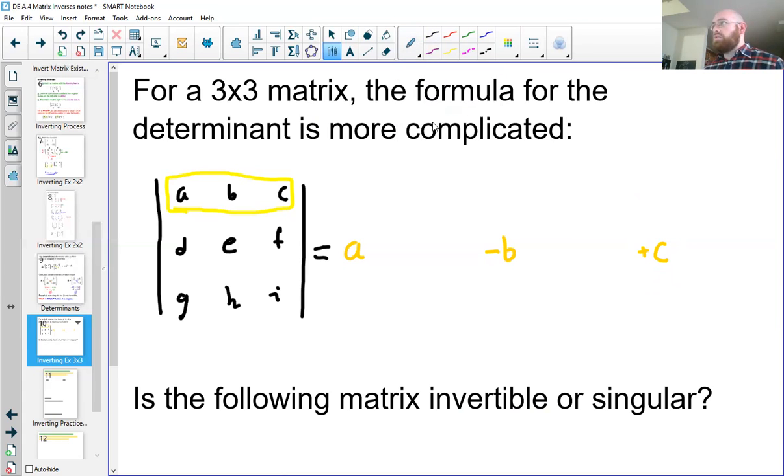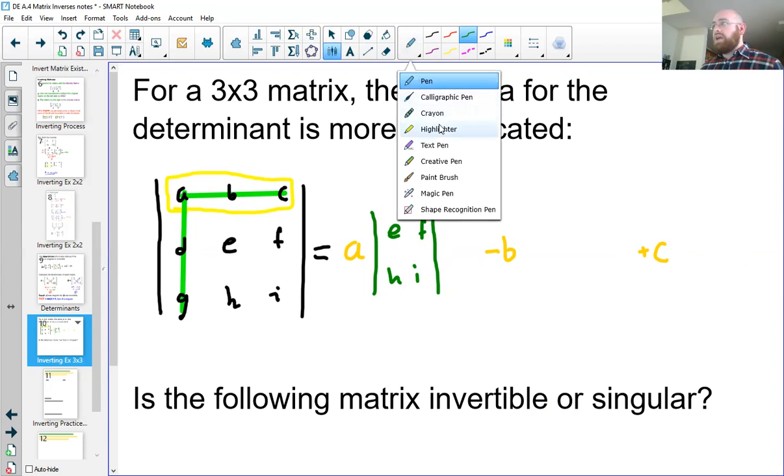If I cross out the row and the column that have A, what I'm going to get is the determinant of E, F, H, I. So this is a 2x2 determinant. We know how to calculate these.